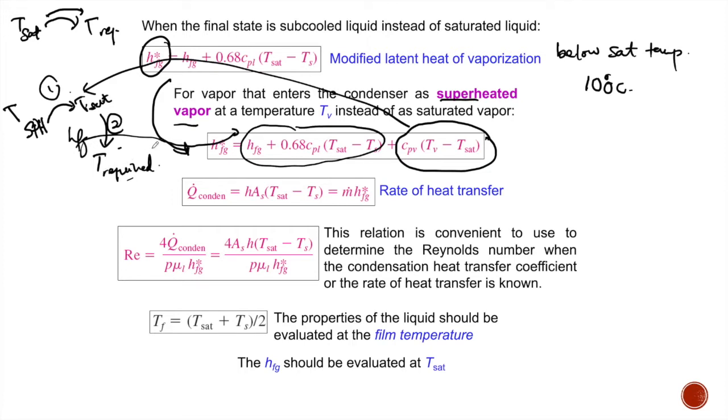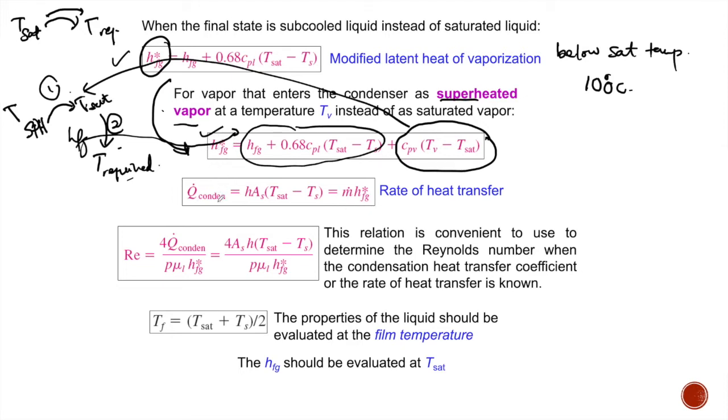This equation is important because each of the regimes, laminar wave-free, laminar wavy flow, and then turbulent flow will use this h*fg, and it is your job to determine whether it is a saturated liquid or superheated vapor. So it is important for you to determine, and you have to know which equation to use to get what is h*fg.